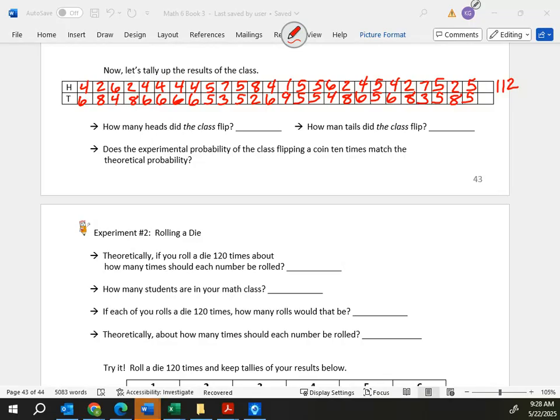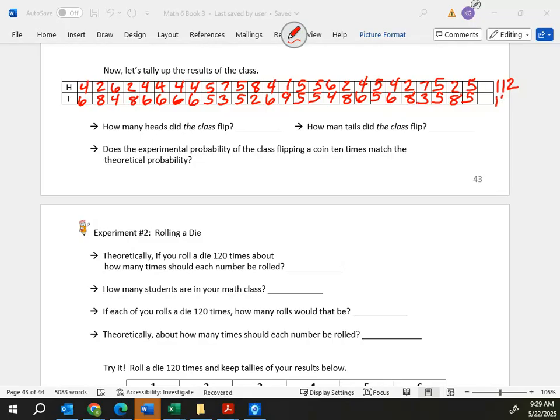All right, now let's do the tails. 6 plus 8 plus 4 plus 8 plus 6 plus 6 plus 6 plus 6 plus 5 plus 3 plus 5 plus 2 plus 6 plus 9 plus 5 plus 5 plus 4 plus 8 plus 6 plus 5 plus 6 plus 8 plus 3 plus 5 plus 8 plus 5, and I got 148.